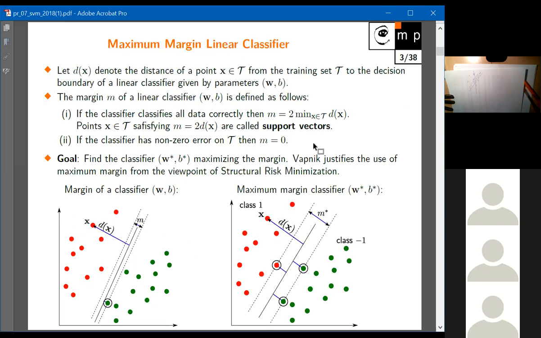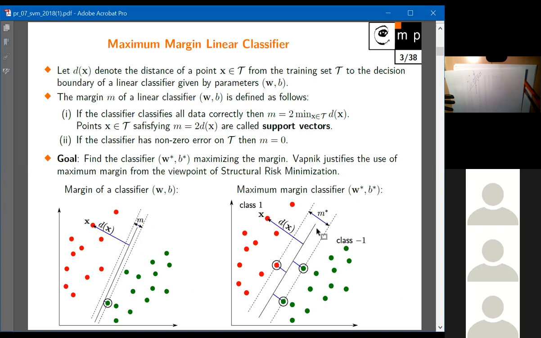So the SVM is actually a maximum margin linear classifier. Look at the two pictures on the slide. The margin of a classifier is the sum of distances to the nearest example of one of the classes and the other class.